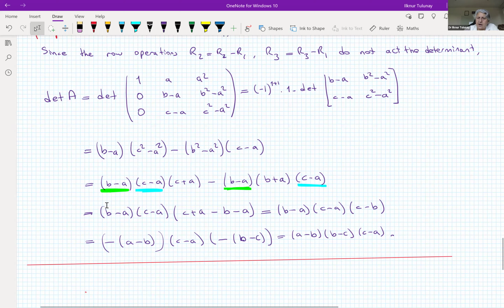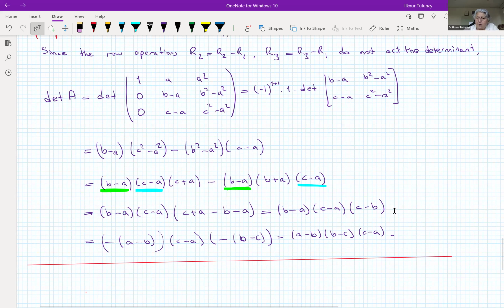From here to here, I have common factors. B minus A and C minus A are common on both sides, so I'm taking them out. What is left here is C plus A minus B minus A. So this A and this A cancel out. The only thing left here is C minus B. What I have is B minus A, C minus A, C minus B.